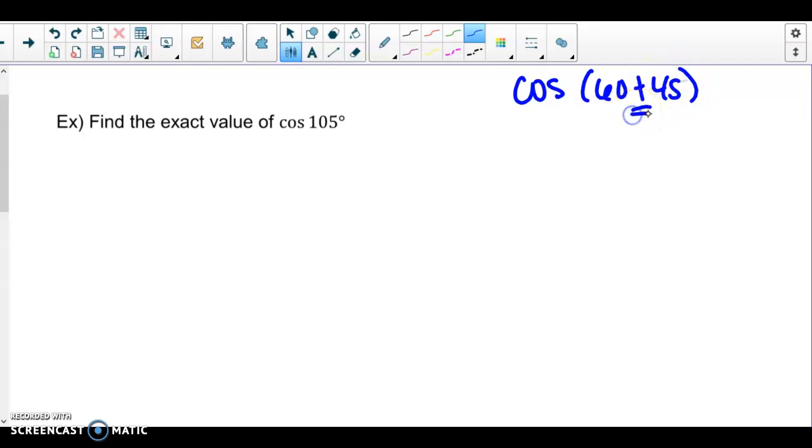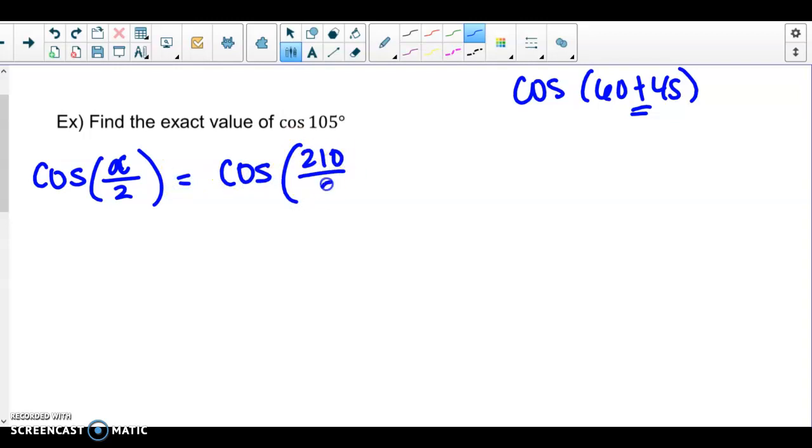But that is using a sum formula, and this is a video about half angle formulas, so let's use a half angle formula. You have to say what angle divided by 2 will give me 105. Hopefully you said 210.